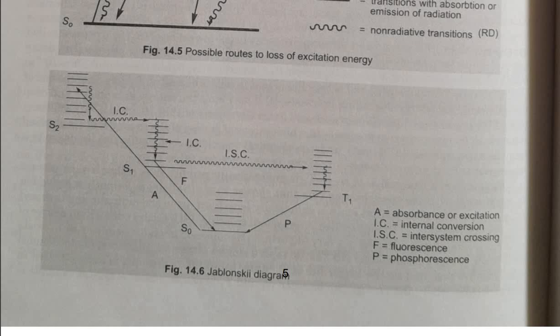Now you can see the absorption from S0 to higher energy levels, S1, S2, and then down to S1, and S1 to S0. So S1 to S0 is fluorescence and T1 to S0 is phosphorescence.